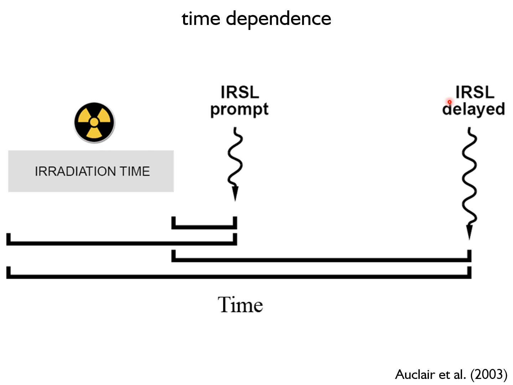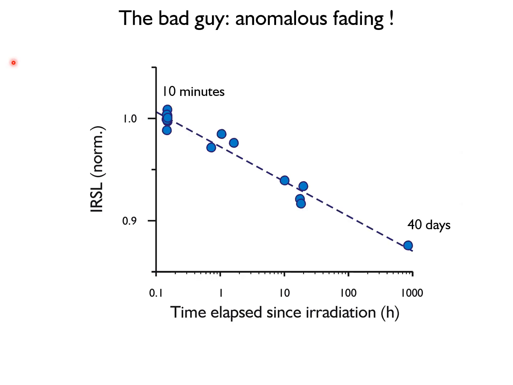If the signal were stable, we would observe the same amount of luminescence signal no matter the time elapsed since we gave a radiation dose.